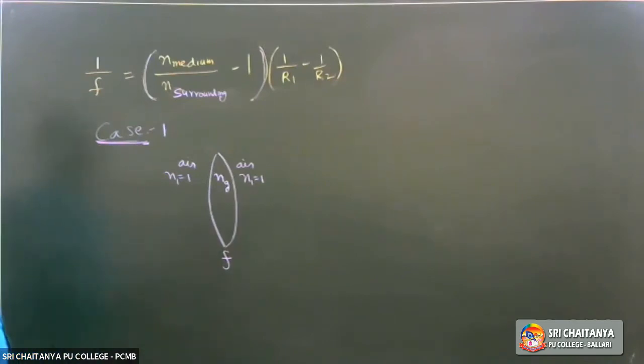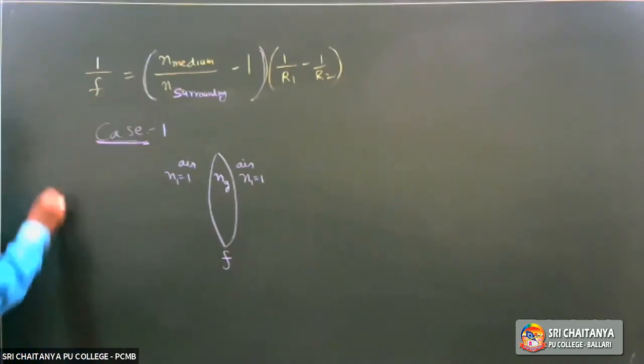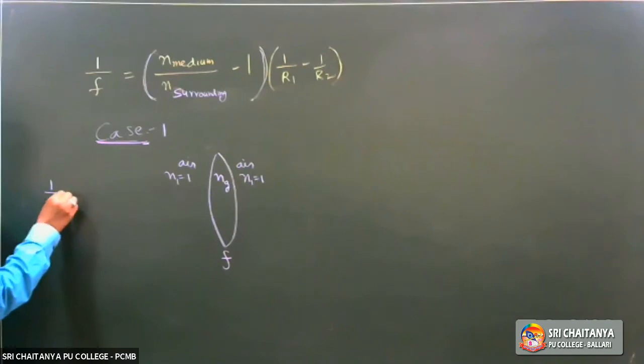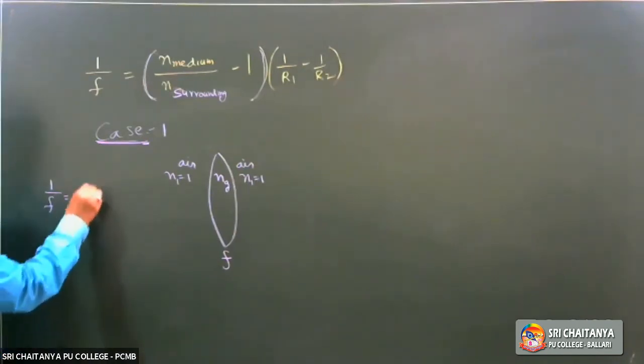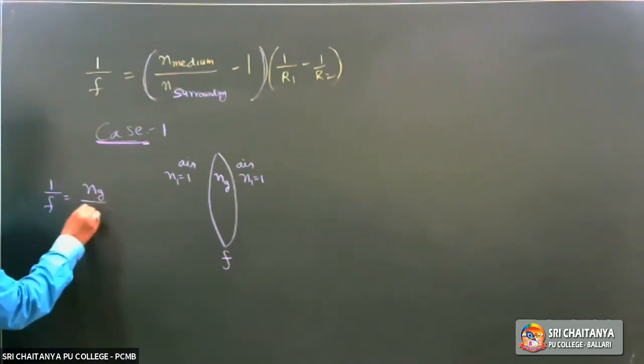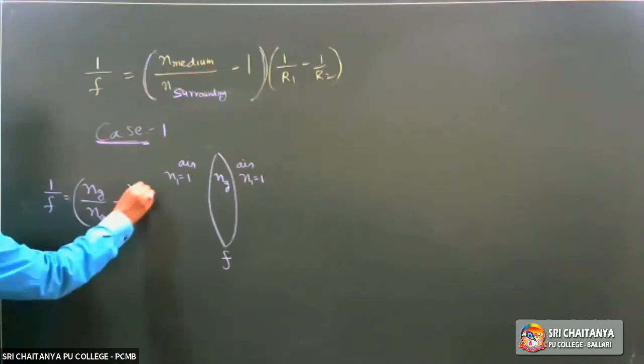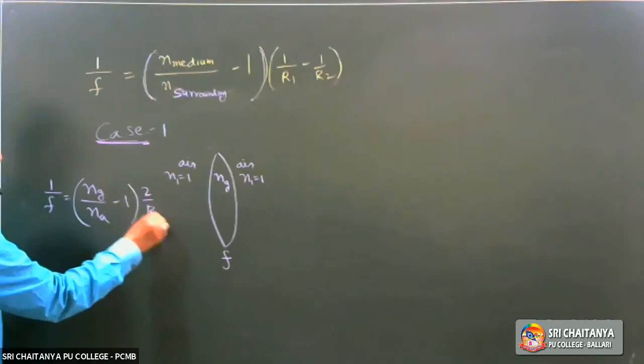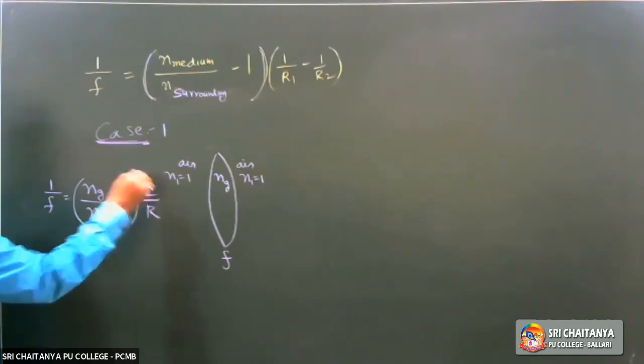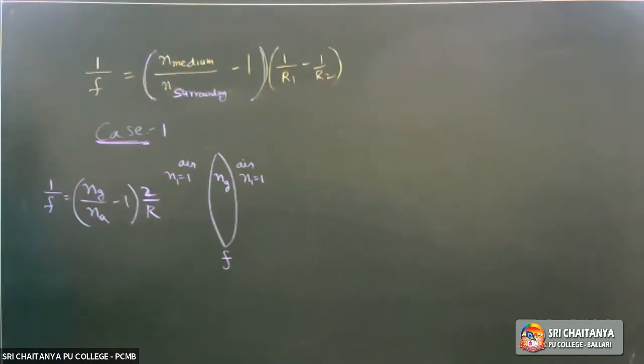Then how is it given? By using this formula: 1 by F is equal to (N glass by N air minus 1) into 2 by R. Imagine it is a convex lens.